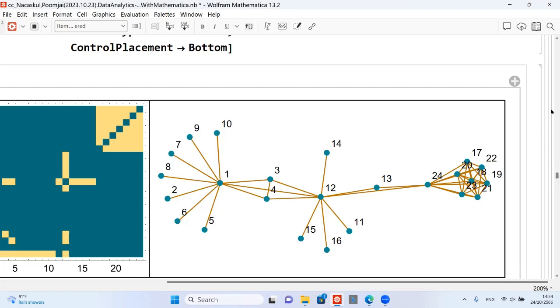On the other hand, I take the same number for 24, the shortest number of steps to get to everybody. Add them all up. Maybe it's more efficient to spread my rumor from 24, right? So these are the centralities.